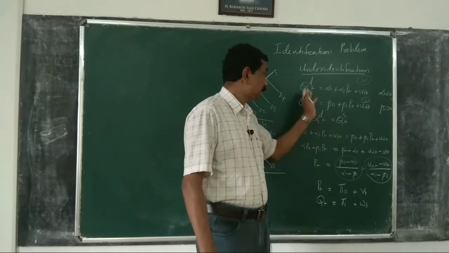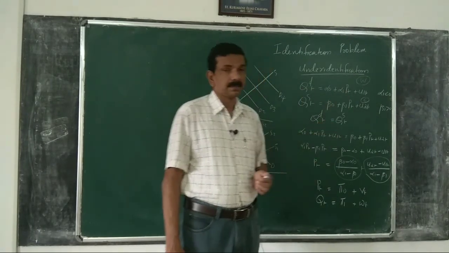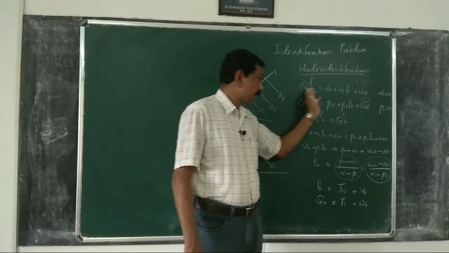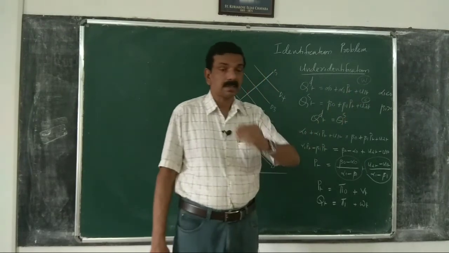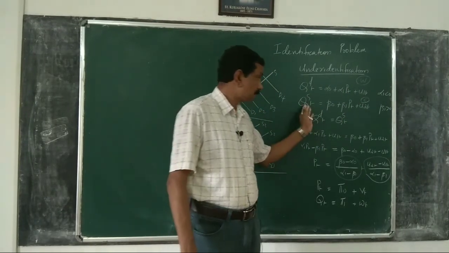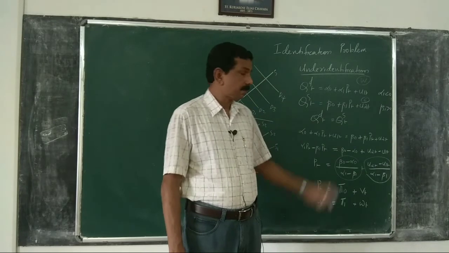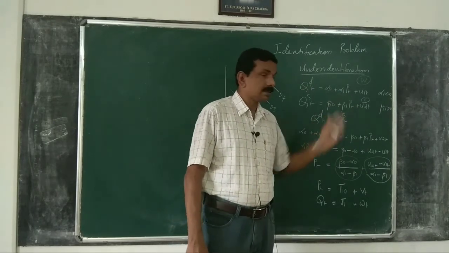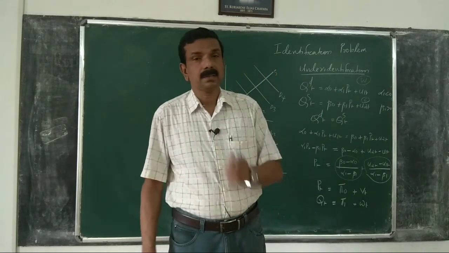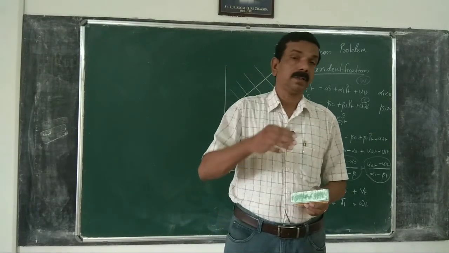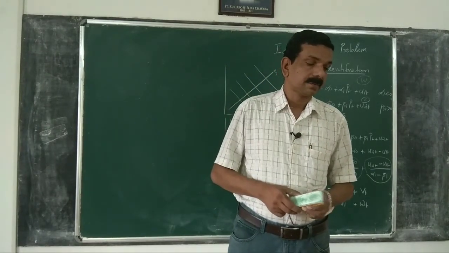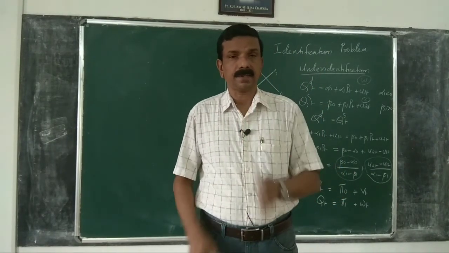So if you want to identify the demand equation, the given data set must not be consistent with another structural equation. That means the structural equation must have a unique statistical form. Then only you can identify it.